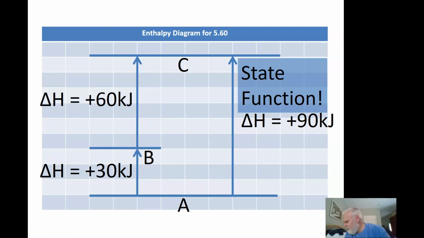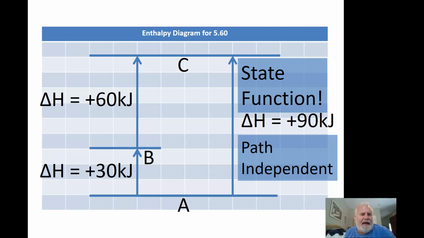And just to go back and say, number 5.59 says, why is this a state function? Okay, so a state function means that it is path independent. Doesn't matter how you got there, you still get there.